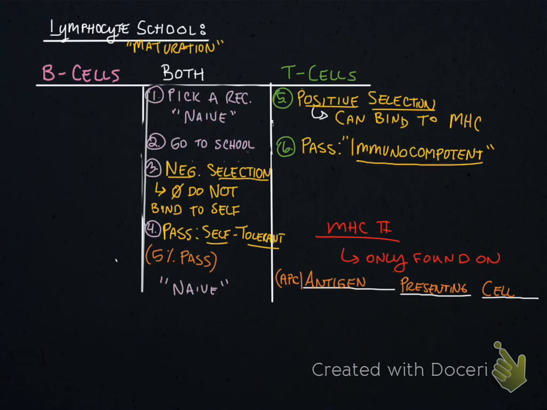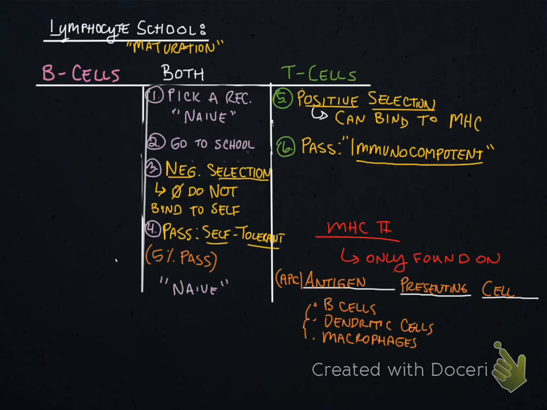B cells can be antigen presenting cells, dendritic cells, and macrophages can be antigen presenting cells.